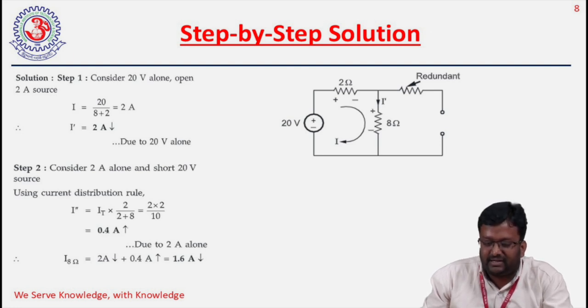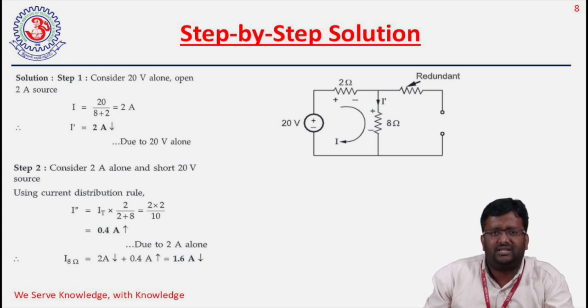But there is one more resistor connected in series with the current source, which will not be counted, because when current flows through a series resistor the current does not change, only the voltage changes.